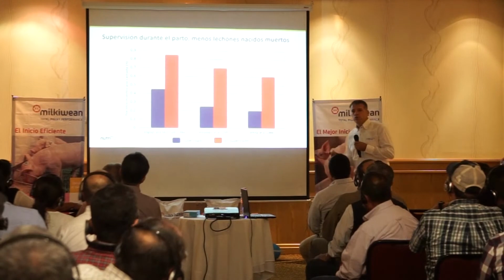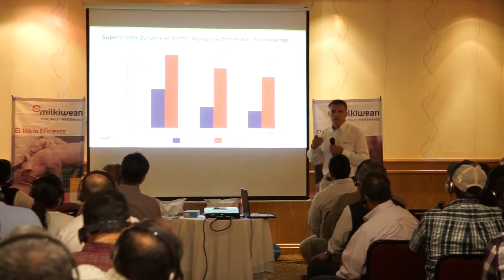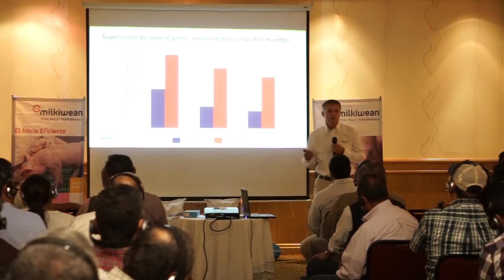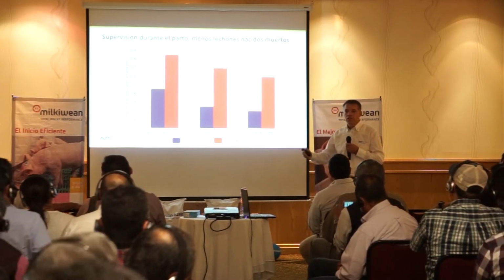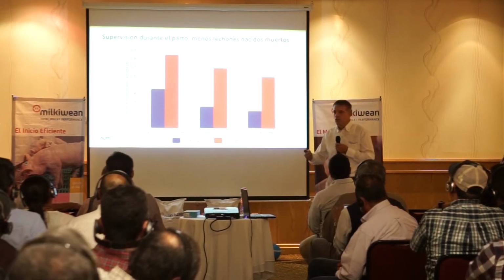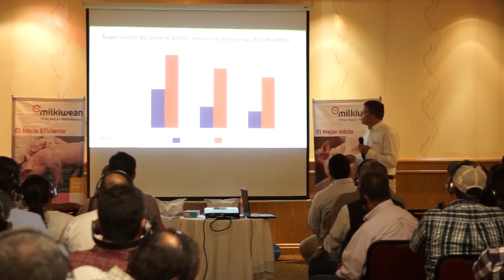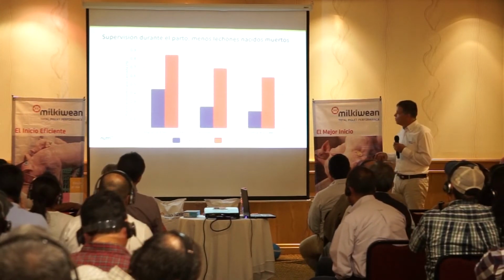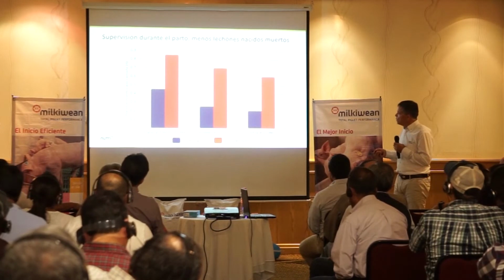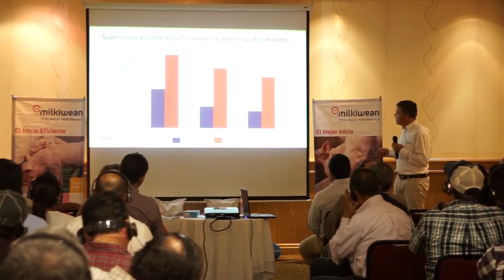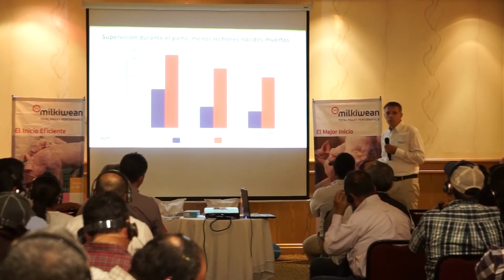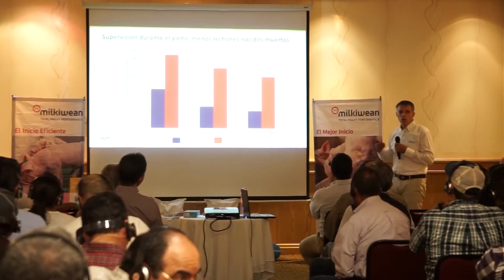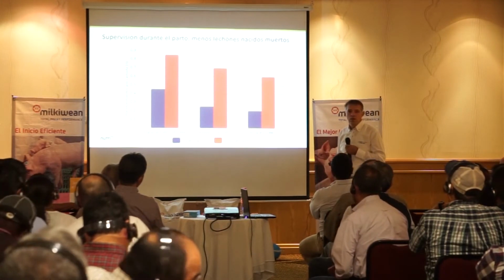Also, when you look at studies where they have supervision of the farrowing process, which means that there is a person during the farrowing process to help the sow if there is a problem, and you compare that with farrowings where there was no supervision, you see that in these cases the number of stillborn piglets is higher, on average more than half a piglet per litter.